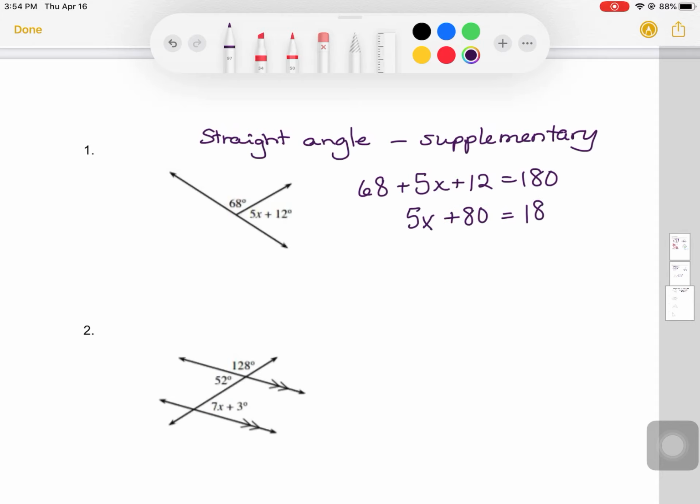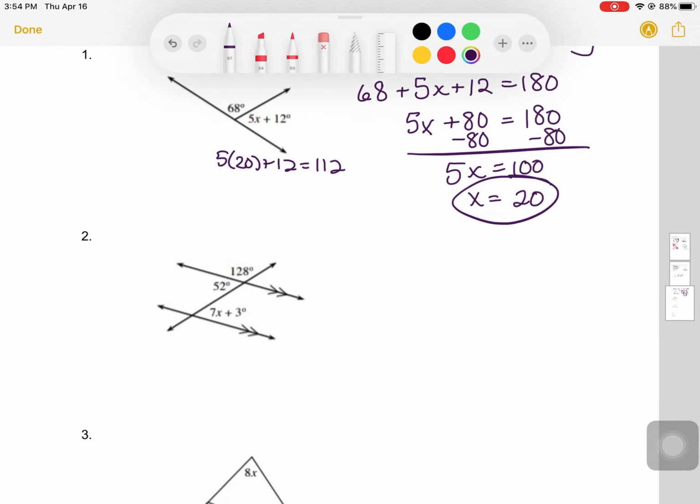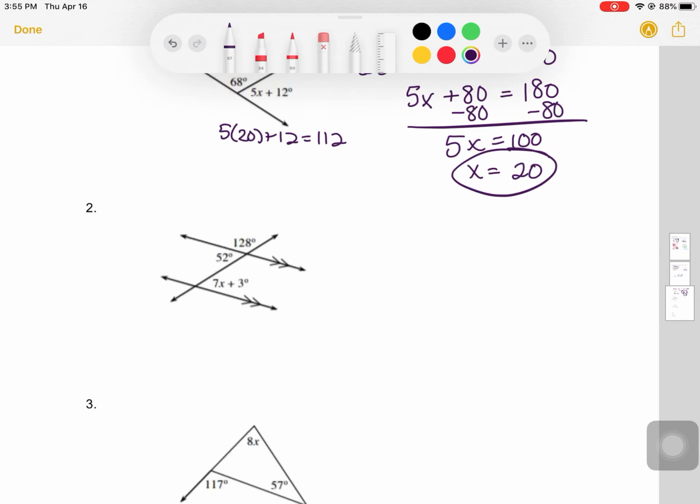So I would have 5x combining like terms plus 80 equals 180, subtract 80. I get 5x equals 100, x is 20. That is what I'm looking for. I can see then that 5 times 20 plus 12 is 112, and 112 plus 68 adds up to 180, so it does check.